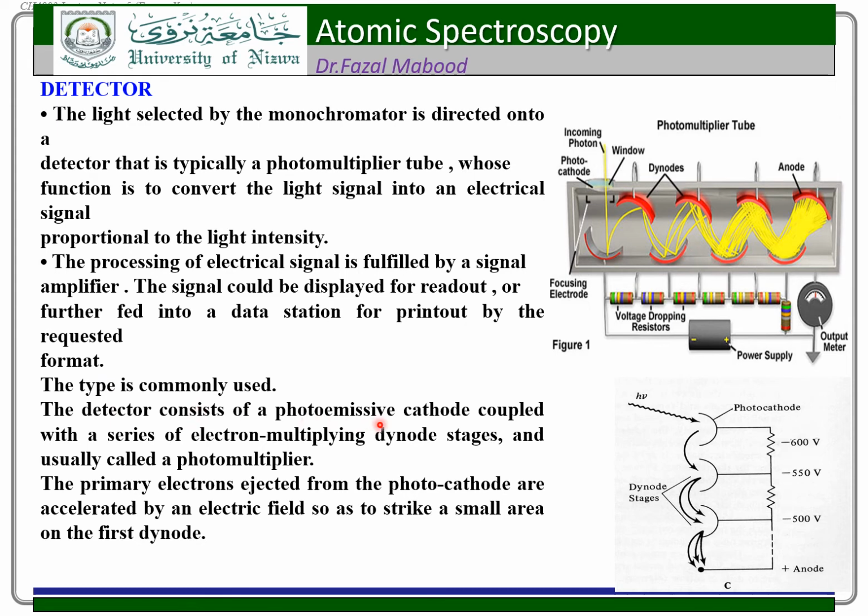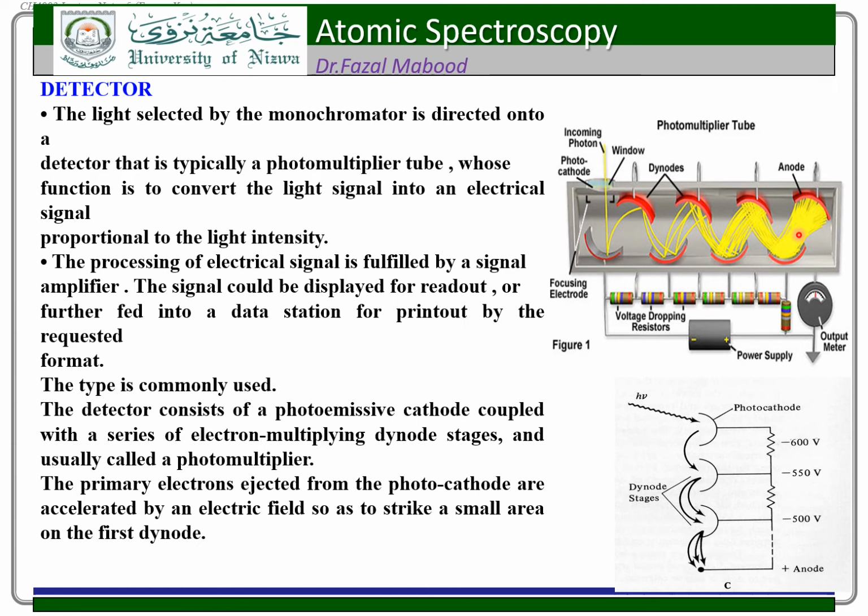What is happening here? You see this is a photocathode, and the light strikes and it emits radiation. It strikes a dynode, and there is amplification. There is emission of 2 electrons, and it again strikes another dynode, and there is emission of 4, and it is going to multiply.